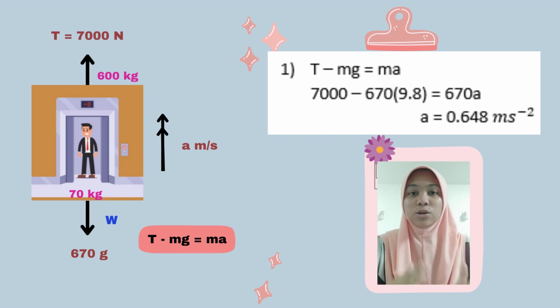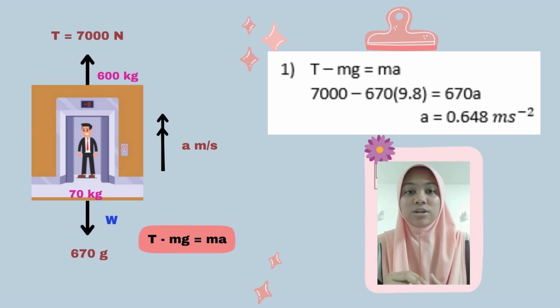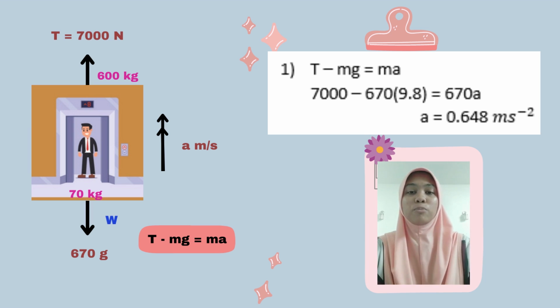We just have to substitute the values we got earlier from the question, which is tension equal to 7,000 Newton minus 670 multiplied by gravity, the value is 9.8, equal to 670a, and we got the value of acceleration as 0.648 meter per second squared.